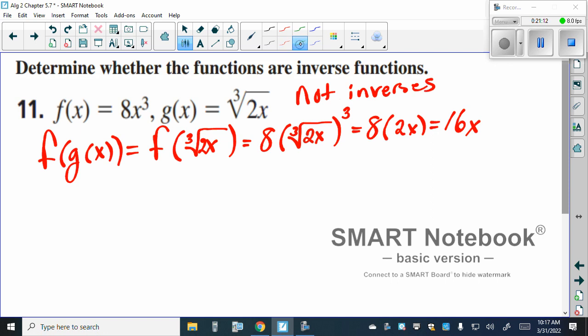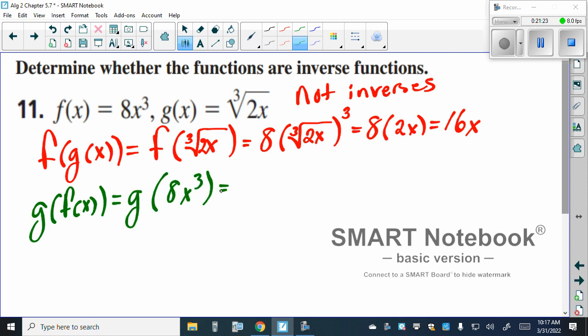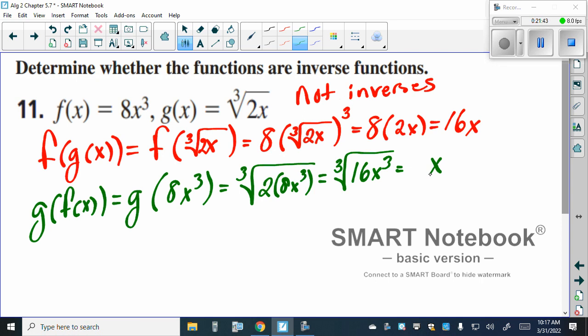And we could show the other way around, g of f of x, because that would give us g of 8x cubed. And then we'd have the cubed root of 2 times 8x cubed. Well, 8 times 2 is 16x cubed. Now, we know that we can take the cubed root of x cubed.